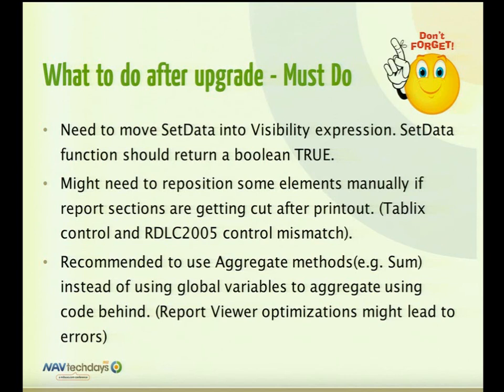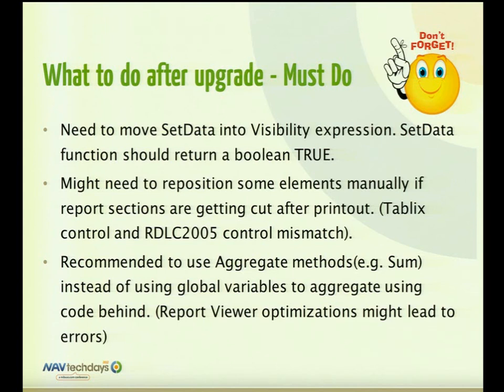So there have been some bad design patterns which we have seen, that people used global variables behind controls to create totals. So when you switch back and forth, the pages will call this total again and again, and the global variable will keep growing in value. So all your sums will go wrong. That is a completely non-recommended pattern.